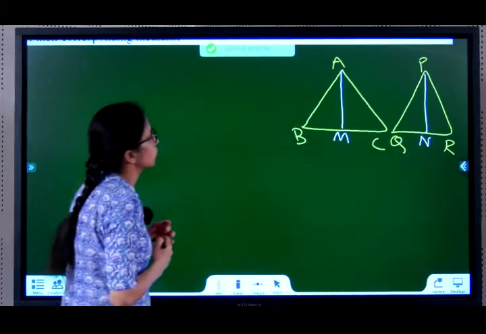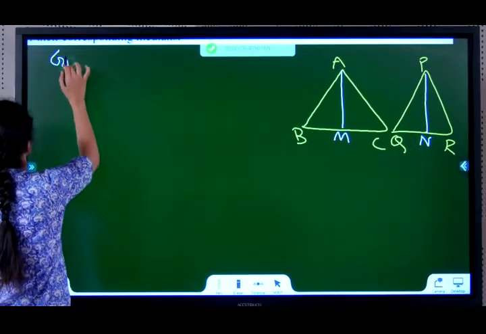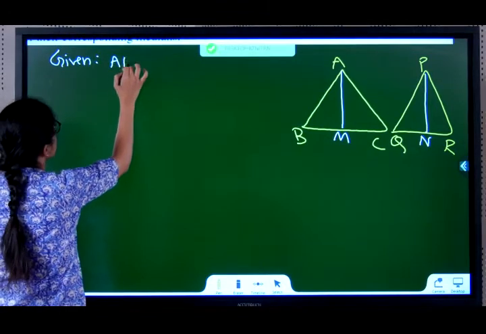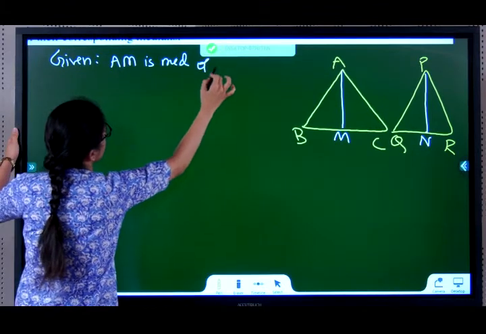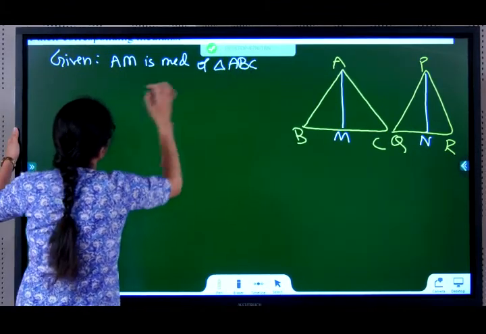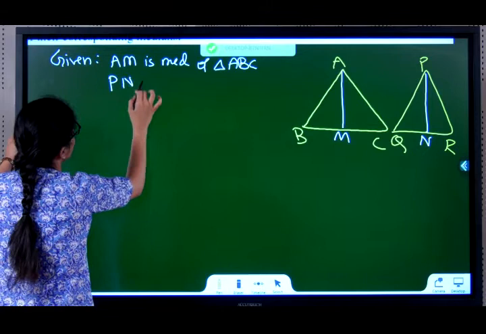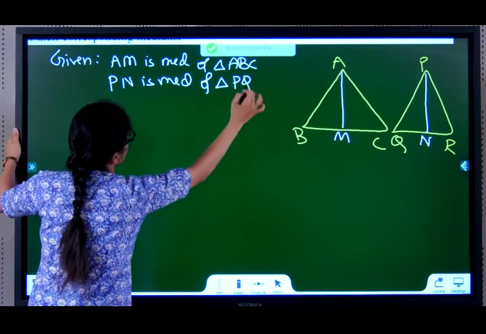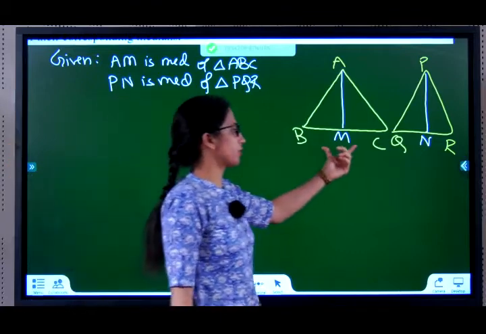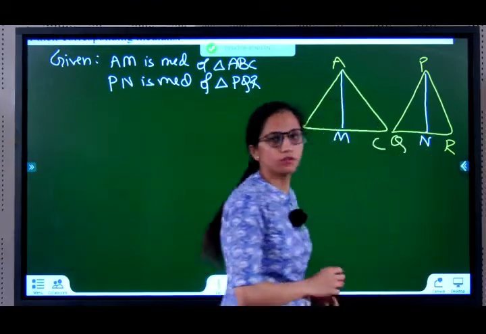Fine. So it is given that AM is the median of triangle ABC, and it's also given that PN is the median of triangle PQR. So M is midpoint of BC, N is midpoint of QR.